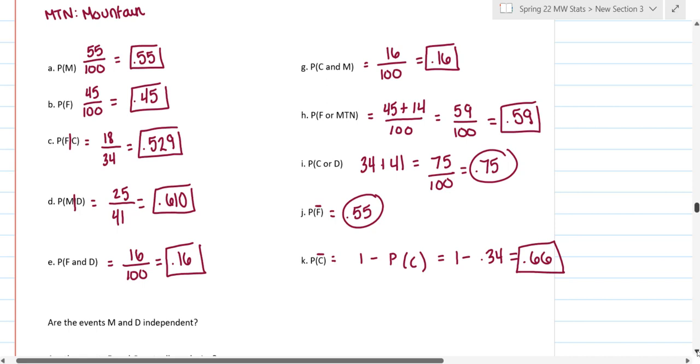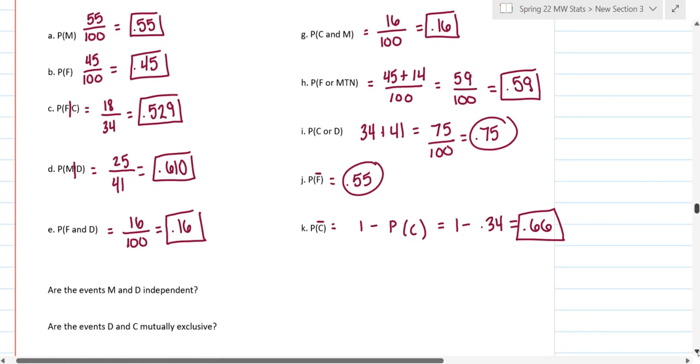All right, are the events M and D independent? So you could either do the probability of M, is that equal to the probability of M given D? Or you could do the probability of D, is that equal to the probability of M given D? Either one of those.